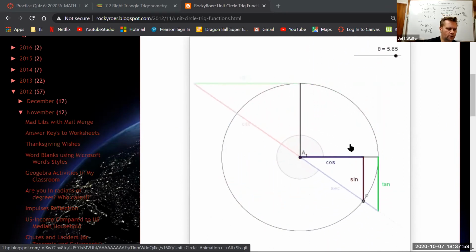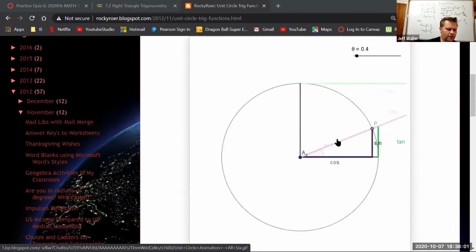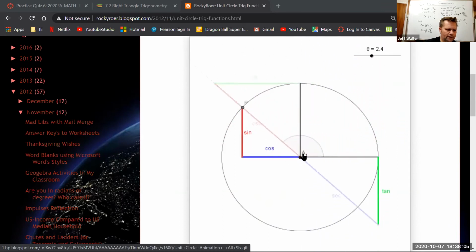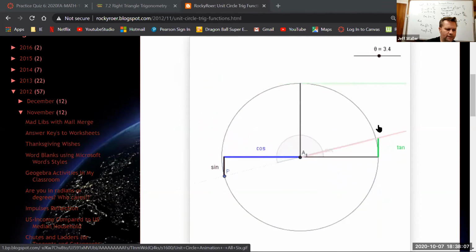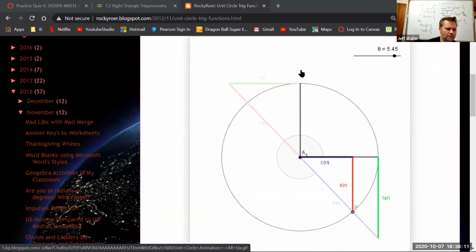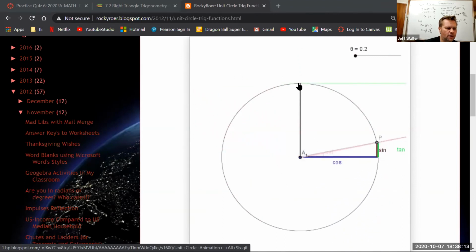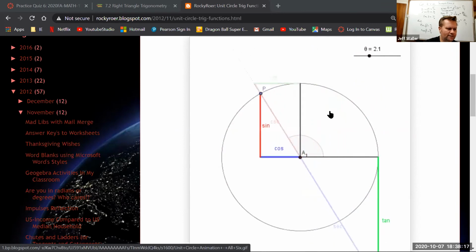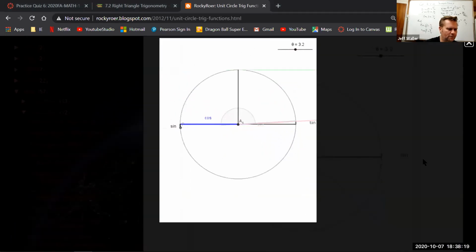Infinity. So watch this line right here. As it moves, it's going to identify how tall that green line is. That green line is tangent. And the minute it's straight up and down, it's infinitely tall over there.